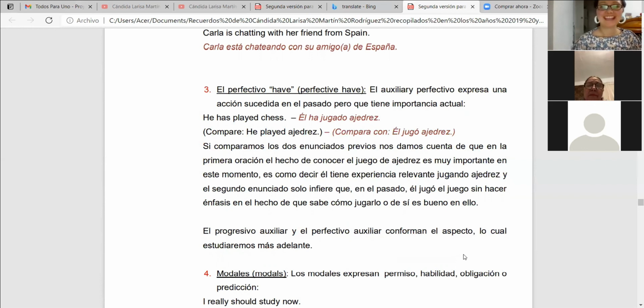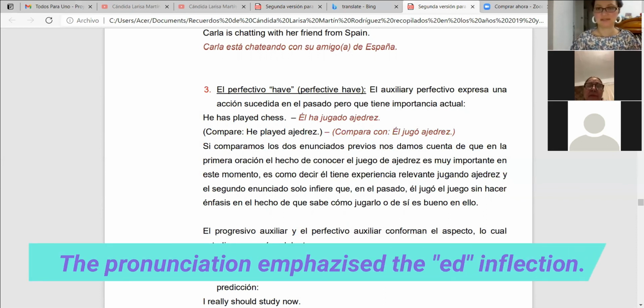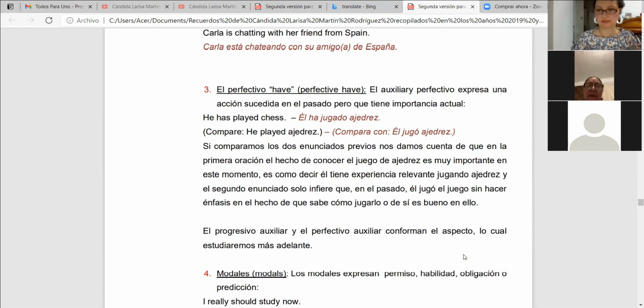For example, he has played chess. He has played chess, okay? It's not the same as he played chess, okay? Why is it not the same? Because in the first sentence, we are giving a lot of importance, and it's very relevant that he has played chess, that he knows the game, and that it's very important.